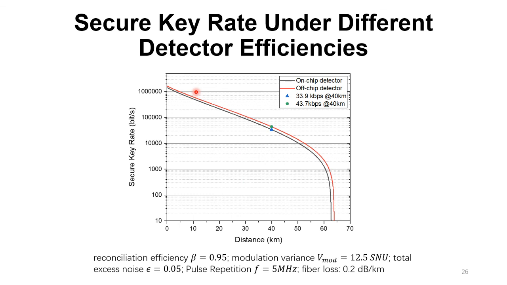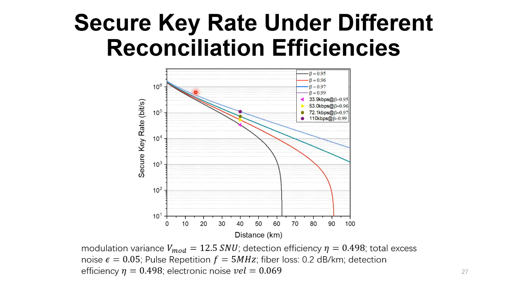Off-chip and on-chip homodyne detectors are compared as well. This chart shows the performance of the detectors is similar. Reconciliation efficiency is another element that affects the key rate.